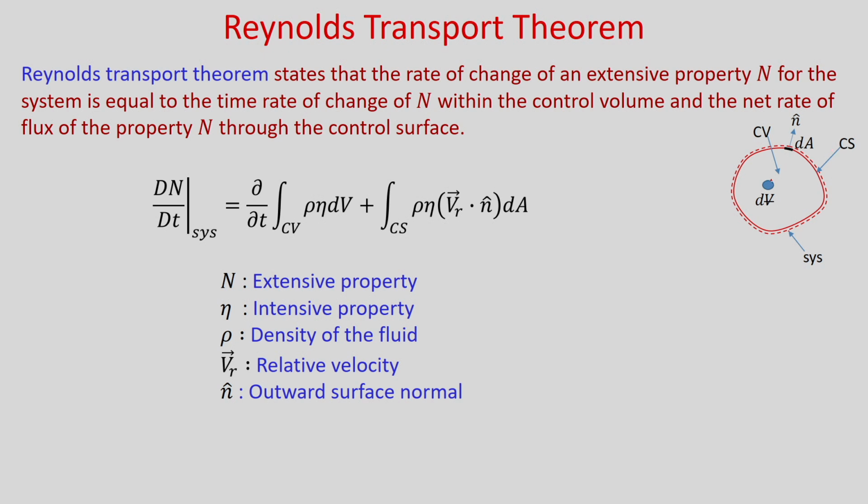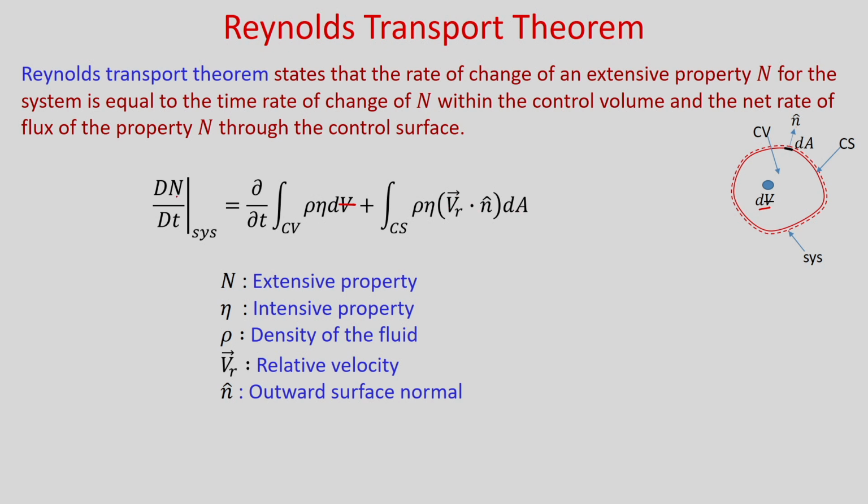And if we consider one elemental volume, that is dV, and one elemental surface dA, and n is the outward unit normal. So, now you can see that through this Reynolds transport theorem we can write dN by dt of this system is equal to del del t integral control volume rho eta dV plus area integral rho eta Vr dot n dA.